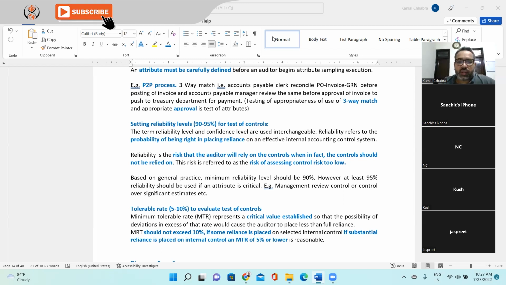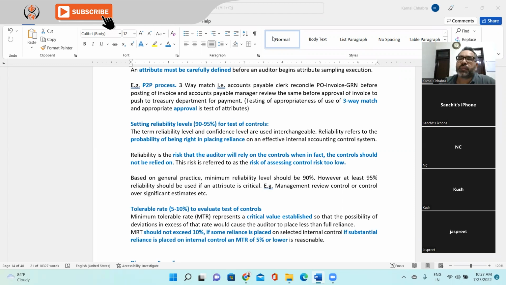Reliability is a risk that the auditor will rely on control when in fact the control should not be relied upon. So the reliability factor is the risk that the auditor is taking on the controls: they are accepting and relying on the control, whereas in fact the controls should not be relied upon.